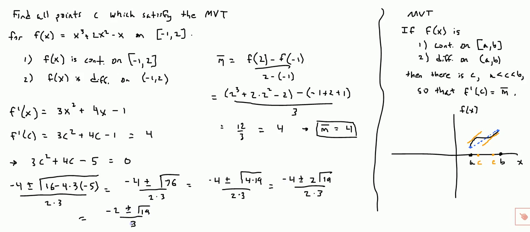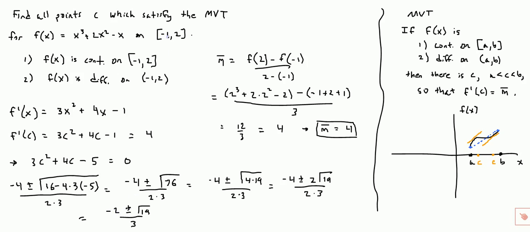over 3. Root 19 is larger than 4 because 4 squared is 16. So this is going to be more negative. It's going to be like negative 2 minus 4.2, which is going to be beyond negative 6. And negative 6 over 3 is negative 2. So that root would be to the left of our interval.